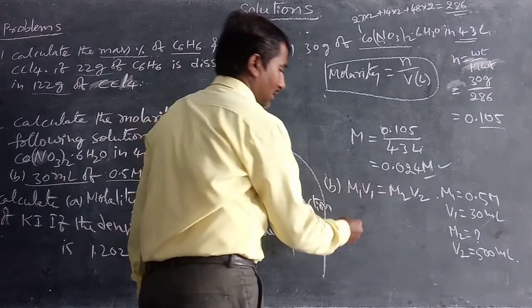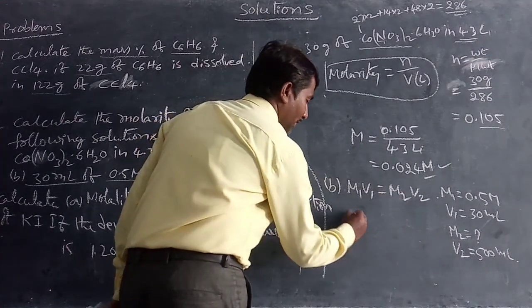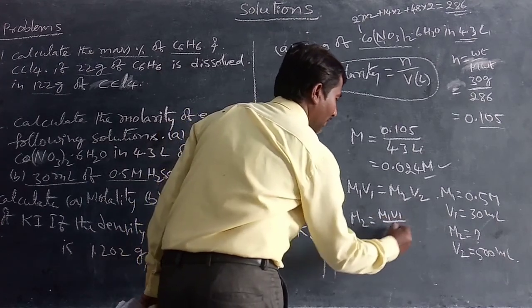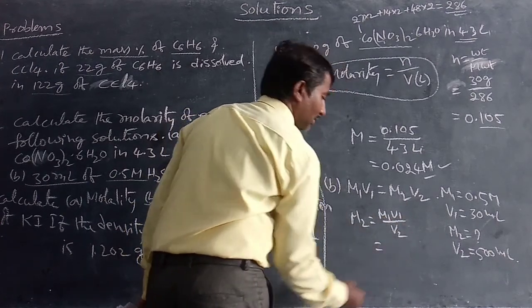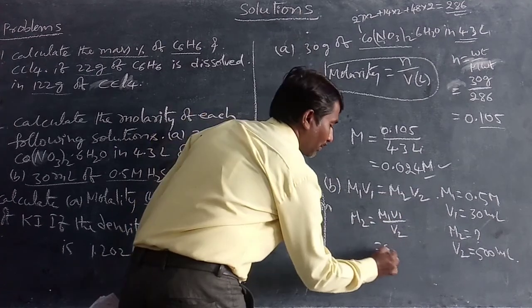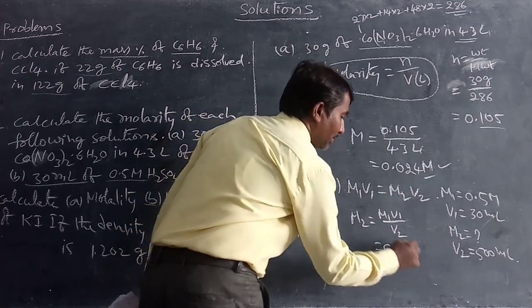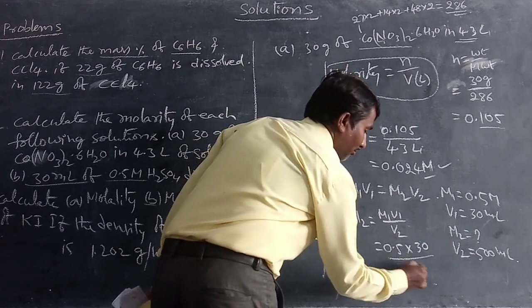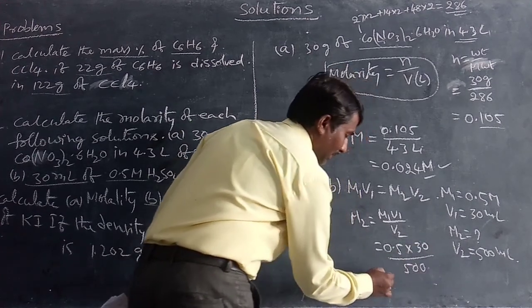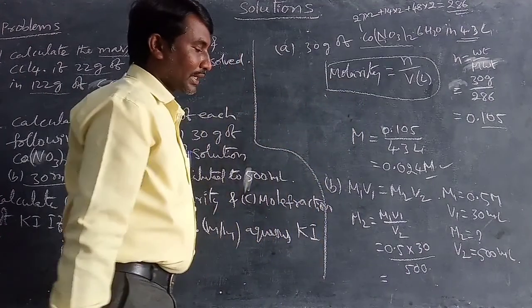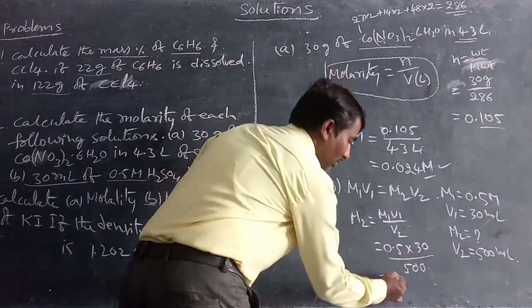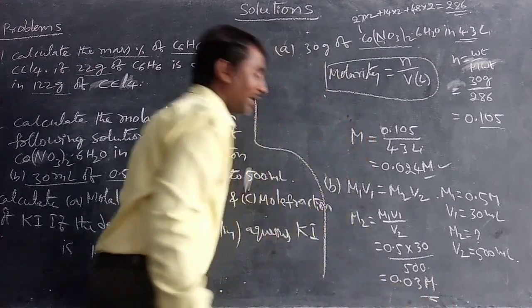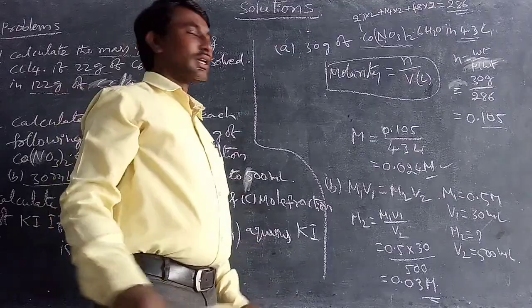So substitute all this. M2 equals M1V1 by V2, which is 0.5 into 30 divided by 500 ml. The ml cancel, and we get 0.03 M.